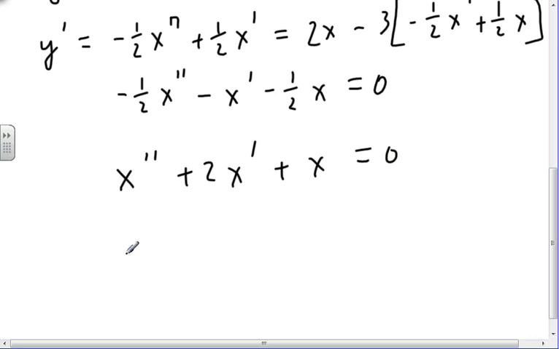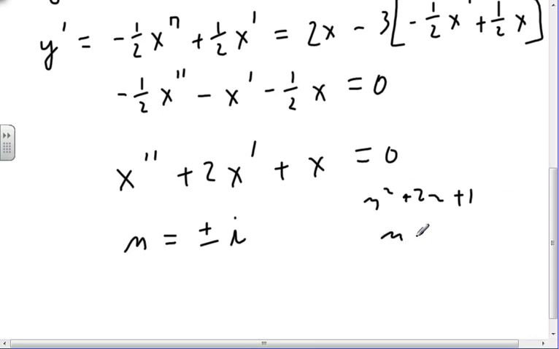I have a characteristic equation, and m is going to be equal to plus or minus the square root of, no, plus or minus 1i. What is that? Plus or minus i. Did I skip enough steps? Let's see, I got m squared plus 2m plus 1.